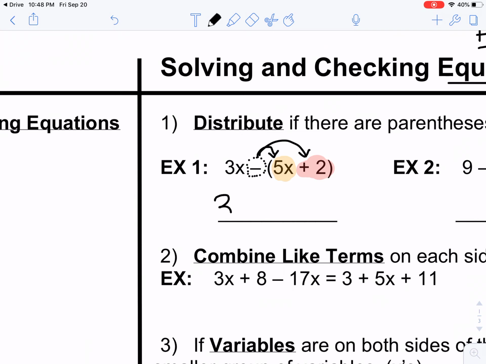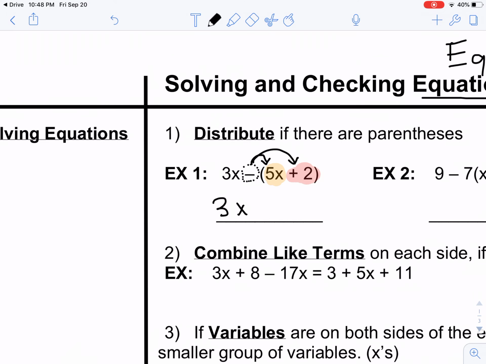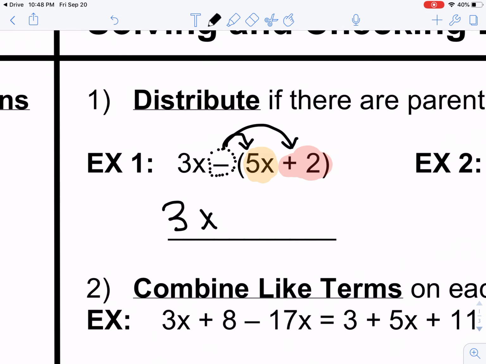So we have 3x, and we are going to distribute the negative into 5x plus 2. Negative 1 technically times 5x is minus 5x, and a negative 1 times positive 2 is minus 2. So what we just did was distribute the negative into the two different terms, 5x plus 2.